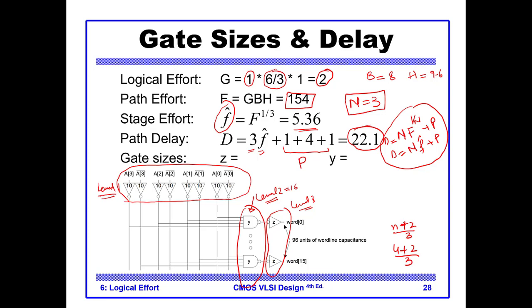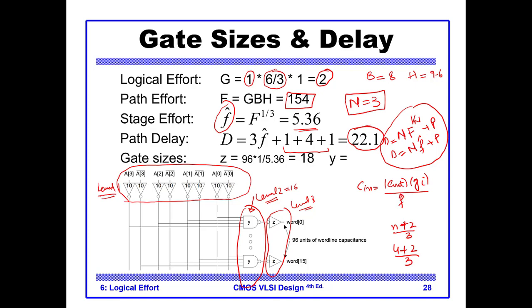Now we need to find the gate sizes. For example, we are interested in finding the gate size Z. For that the equation was Cn is equal to C out into Gi divided by F cap.